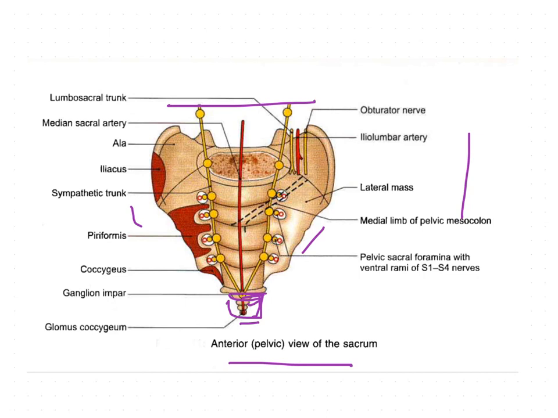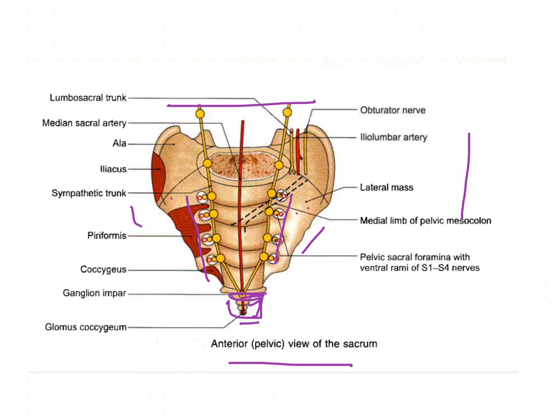And the sacrum is divided by 2 rows of foramina. Here you can see the foramina, 2 rows of foramina into a median portion, which is traversed by the sacral canal, that we can see on the dorsal aspect, and a pair of lateral masses.